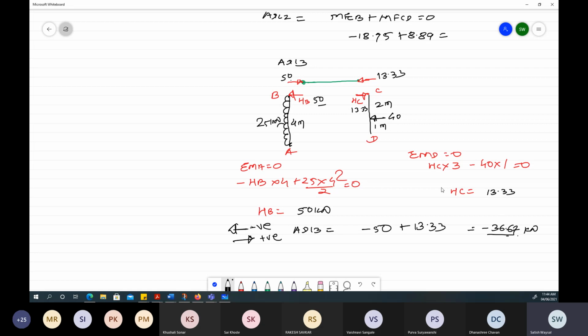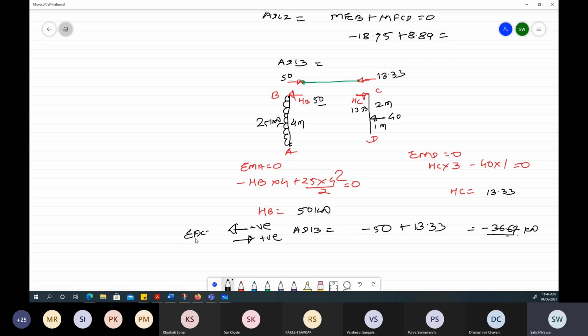So ADL1, ADL2 and ADL3 we got. In this way you can find out the ADL3. For this ADL3 you have to draw this way. In this case, this is nothing but summation F is equal to 0.